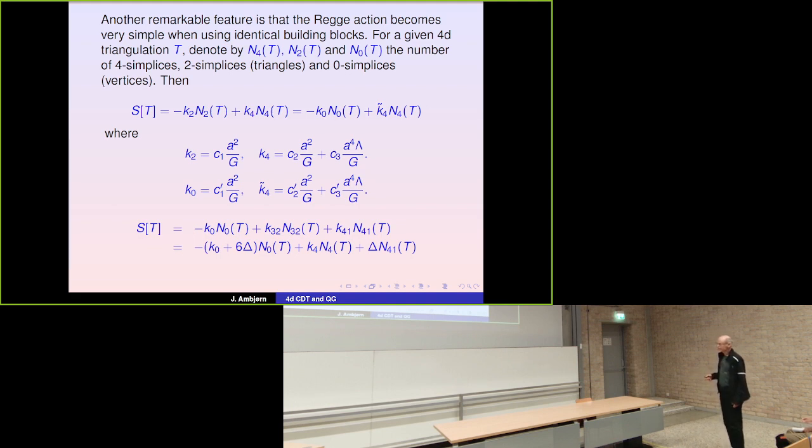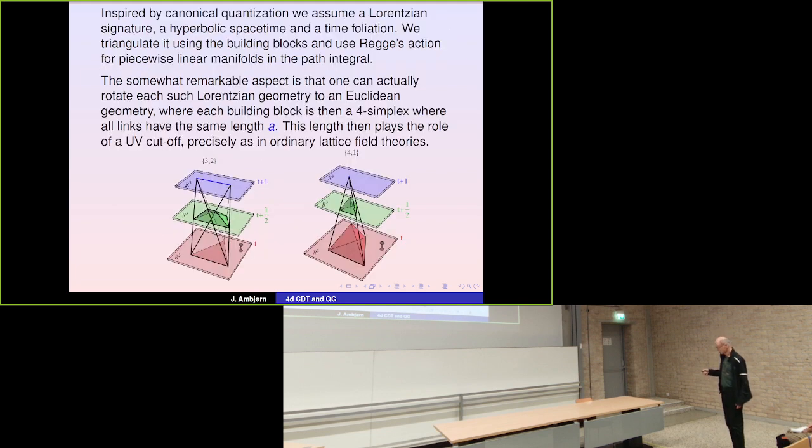And we generalized this action. You see that it's just linear in the number of these building blocks. In a Wilsonian spirit, we generalized it to a slightly more general expression. When you go back and look at these building blocks, there are two kinds of building blocks, given the time foliation: this building block where we connect here, and this kind of building block.